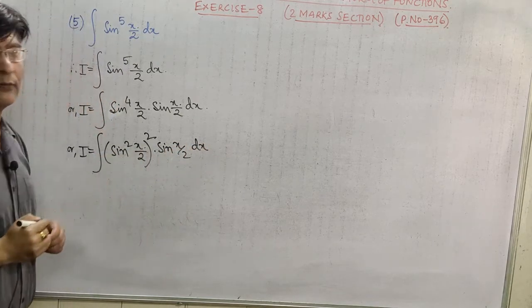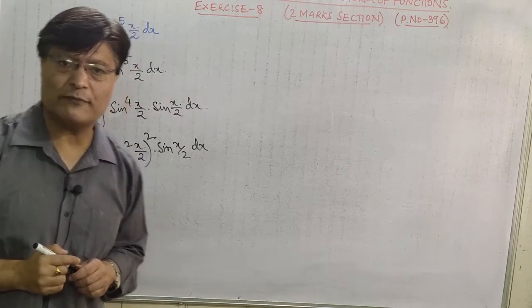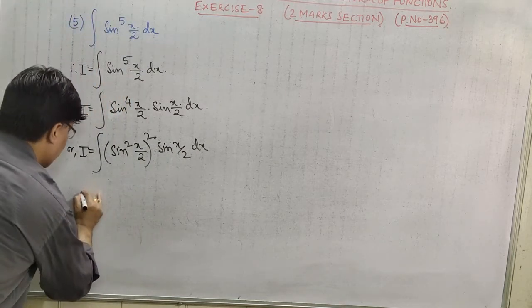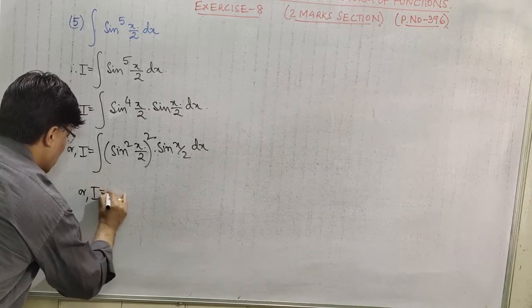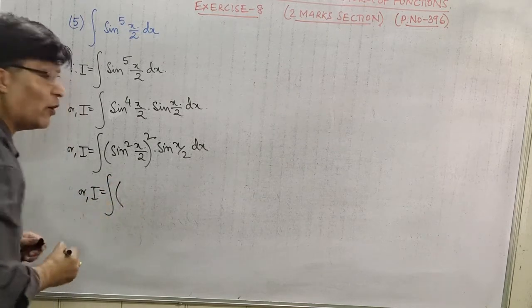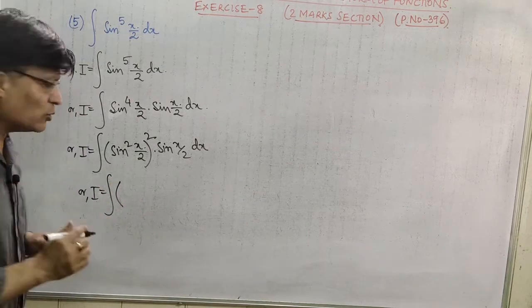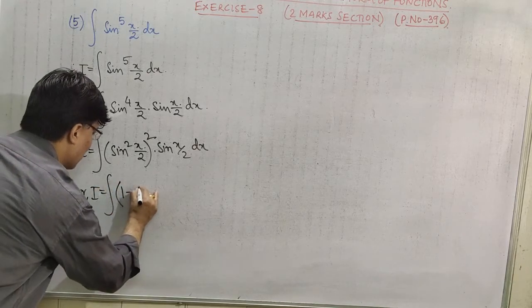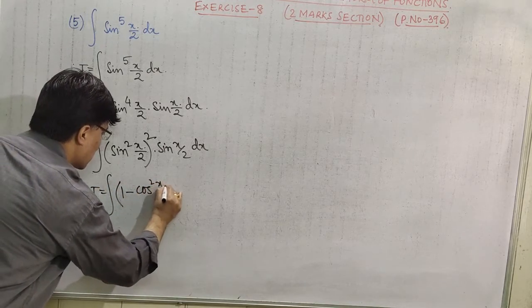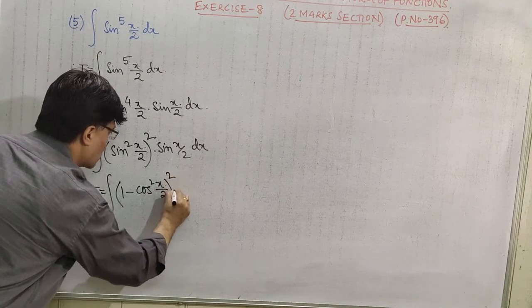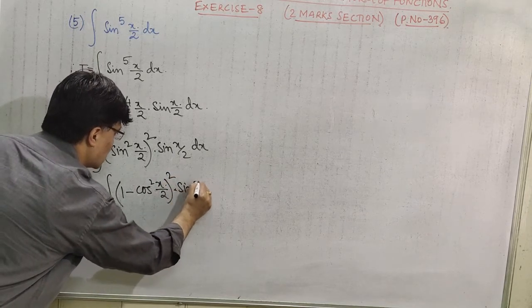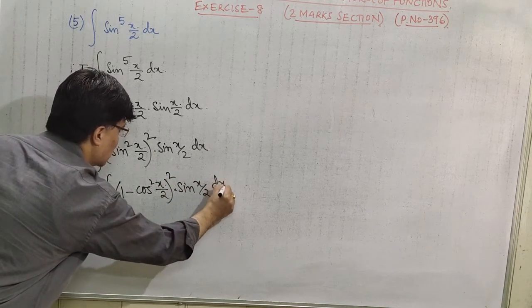Then only you can convert this sine square x by 2 in terms of cos x by 2, right? So I is equal to integration of, what is the formula for sine square x by 2 in terms of cos? This is 1 minus cos square x by 2 whole square into sine x by 2 dx.